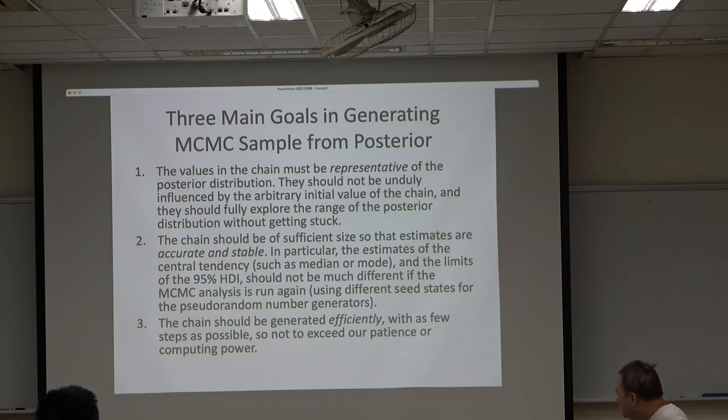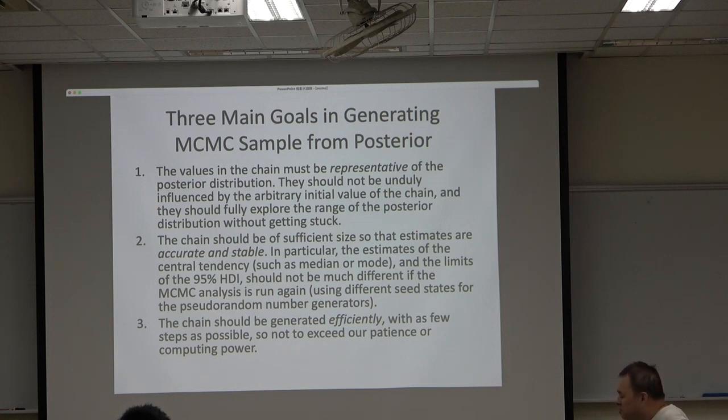So in doing Bayesian data analysis, we normally generate tens of thousands, about 10,000 to even 20,000 samples for each chain.